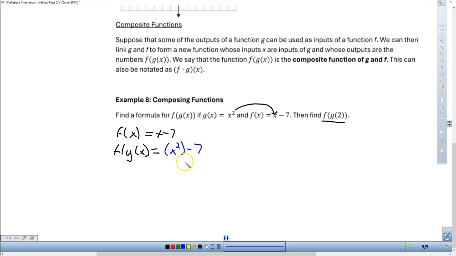And so that gives you the final version of x squared minus 7 for f of g of x. Then if I want to find f of g of 2, that is equal to, using the function that I created here, 2 squared minus 7. So we get 4 minus 7, which gives us a final value of negative 3.